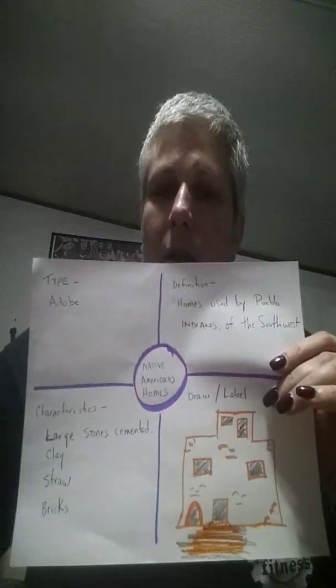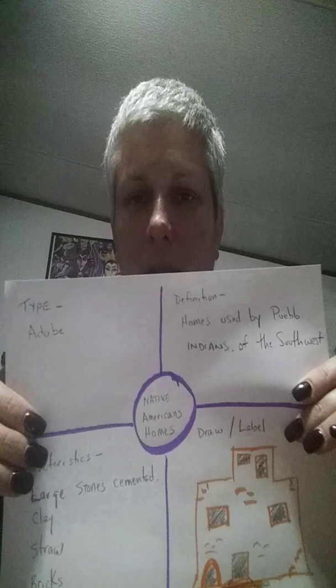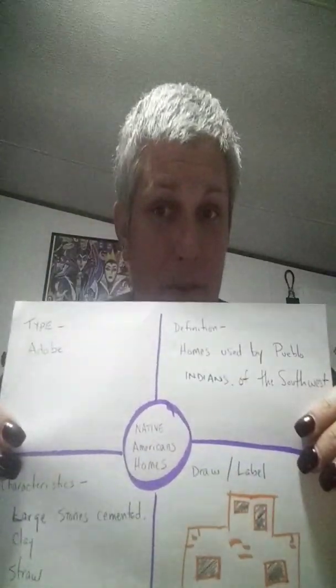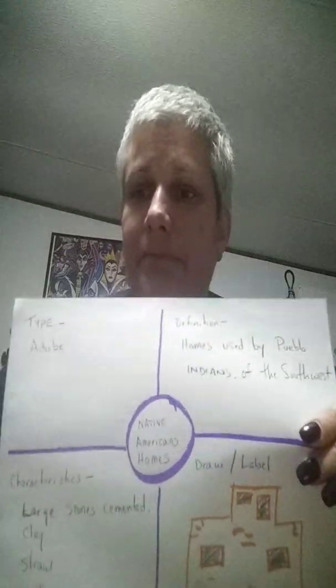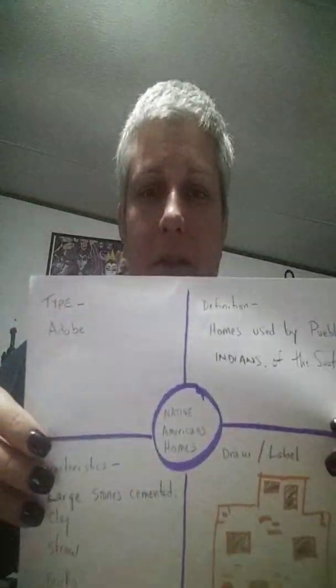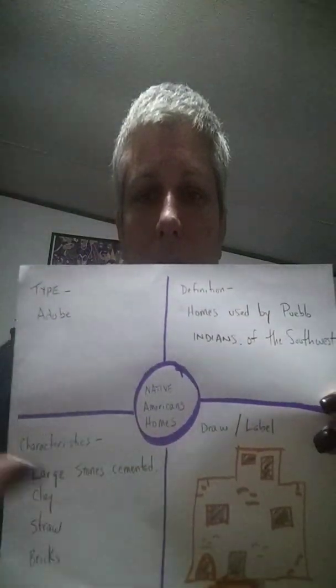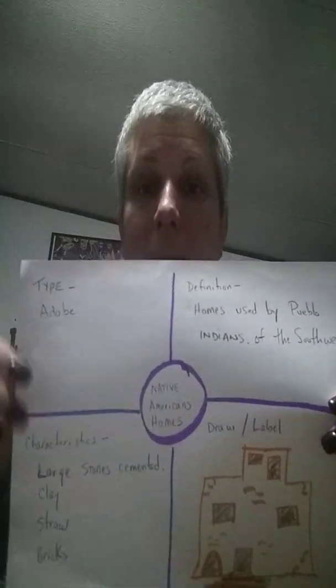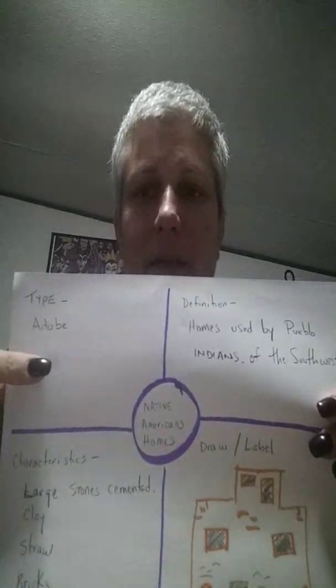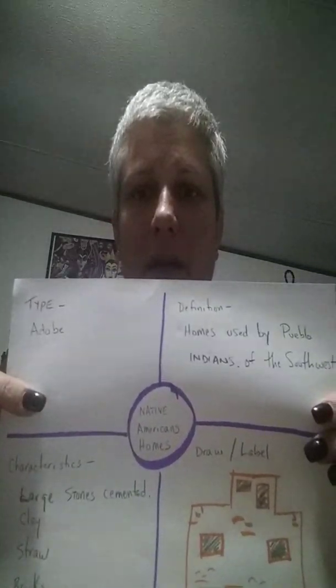And so for this example, just to prove that we can pretty much use it for anything, I went ahead and did social studies. Instead of science, I have a 5th grade social studies, and it's going to be on Native American houses. So for this one, I did the type of house, which is an adobe house.